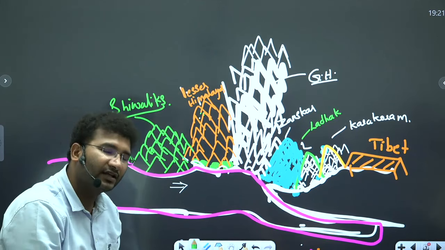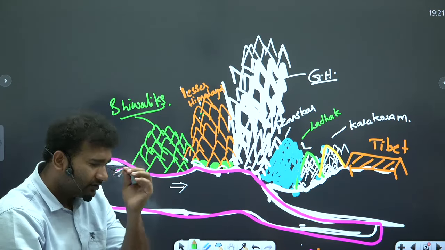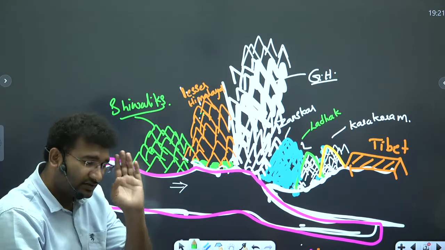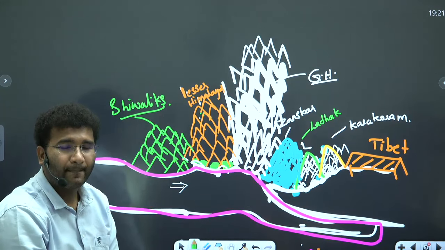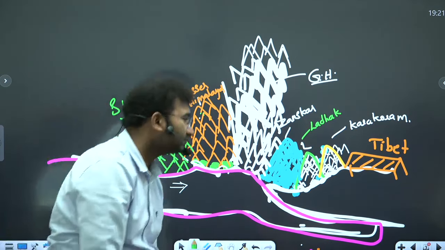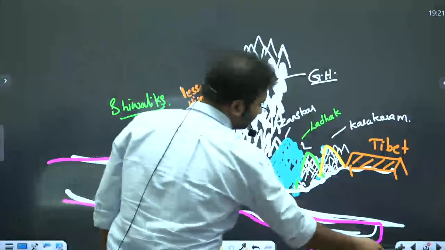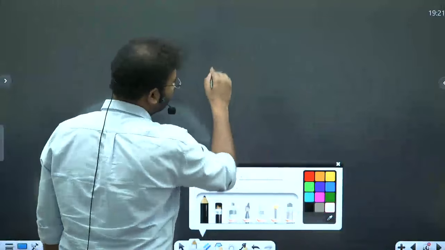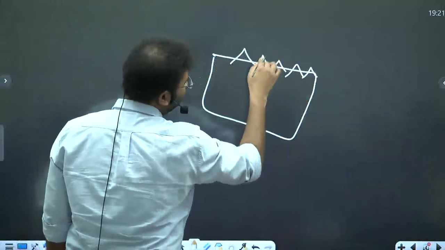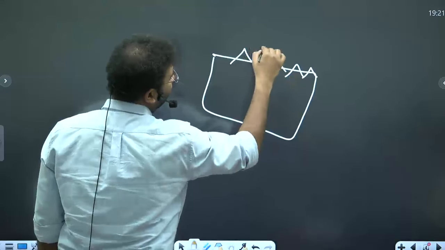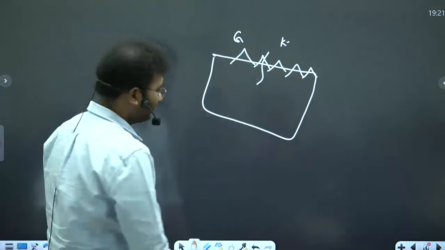Uttarakhand has all the Himalayas. Shivaliks also. There are disasters there in Himachal also, Uttarakhand also. Uttarakhand is such an area. Imagine this is Uttarakhand. In the north of Uttarakhand, you have two sets of mountains. On one side, you have Kumaon and Garhwal region. Right? So this is your Nepal.